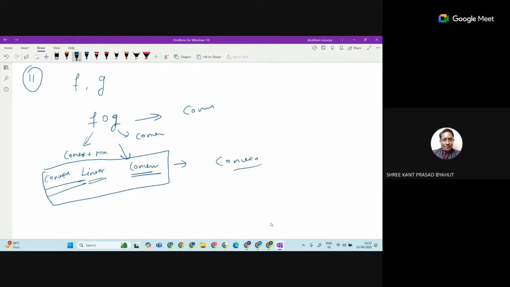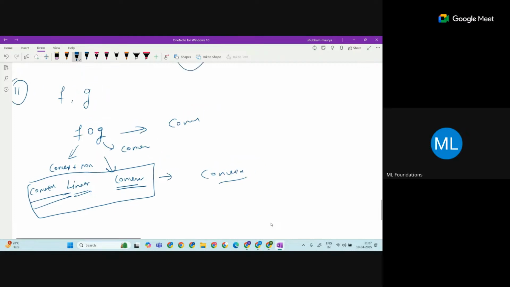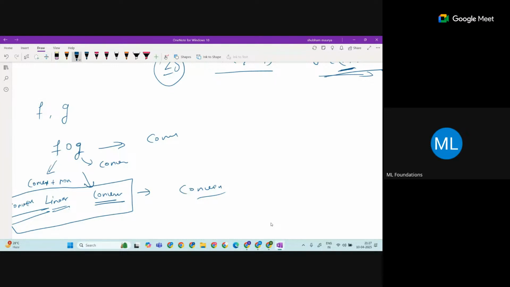There are some composition properties. And if our function is multivariable, then what we will do is find the Hessian. All of you know what a Hessian is. The Hessian matrix is the double derivative.